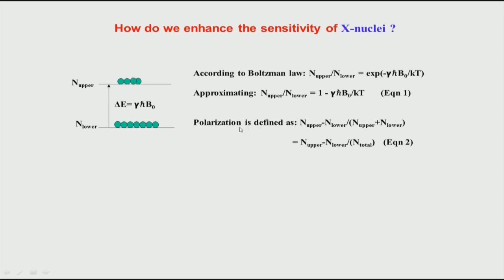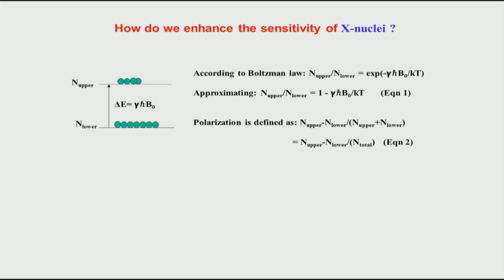Polarization is given by this expression: n upper minus n lower divided by the total number of nuclei. If you add what is on the top and what is on the bottom, that is the total number, which basically means the total number of atoms in your sample.